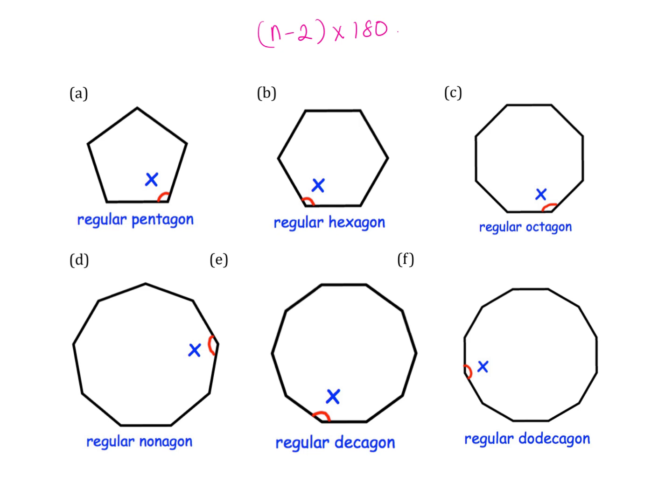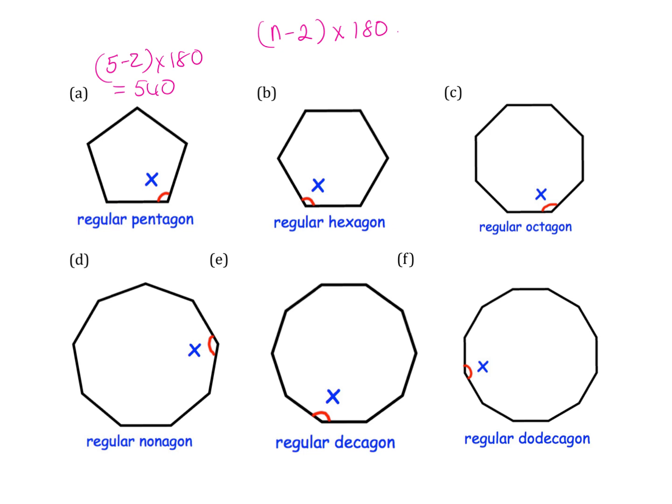How many sides does it have? This one. Yep, 5. So 5 minus 2 is 3, times 180. 3 times 180 gives me? 540. Good.